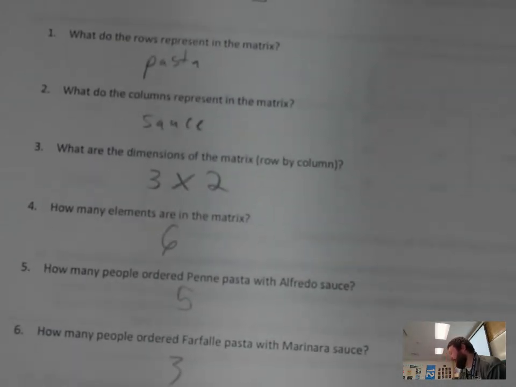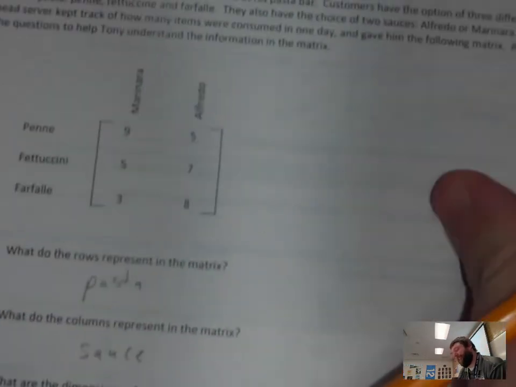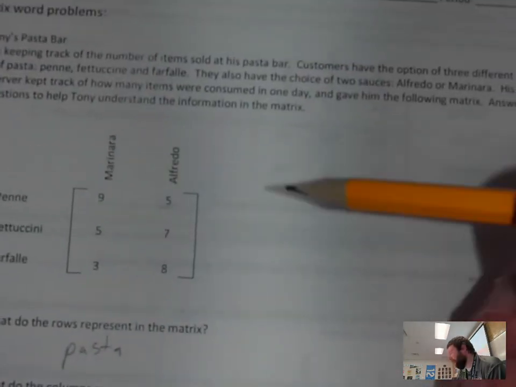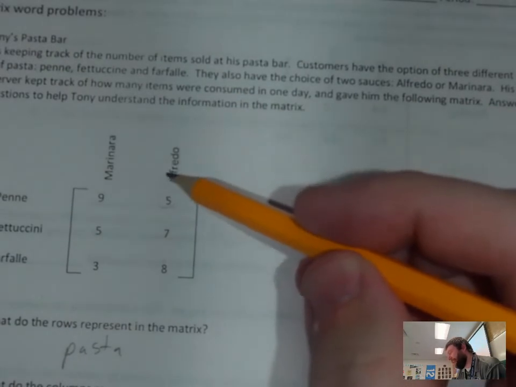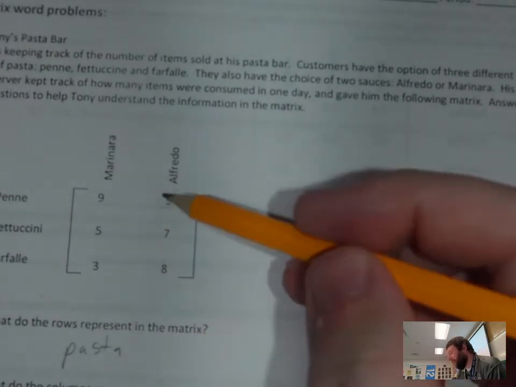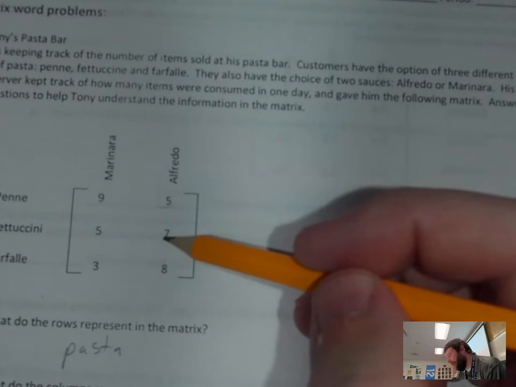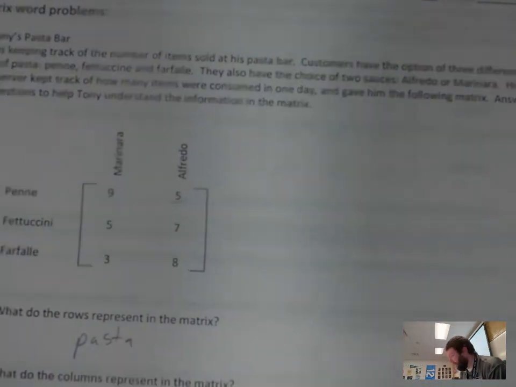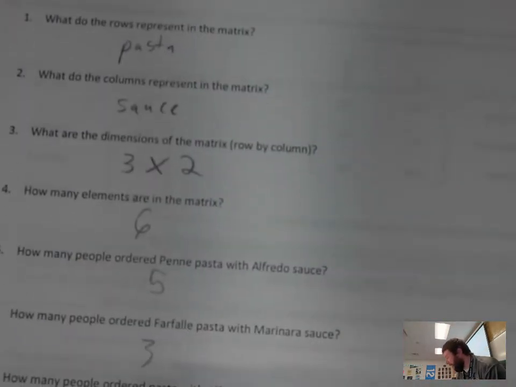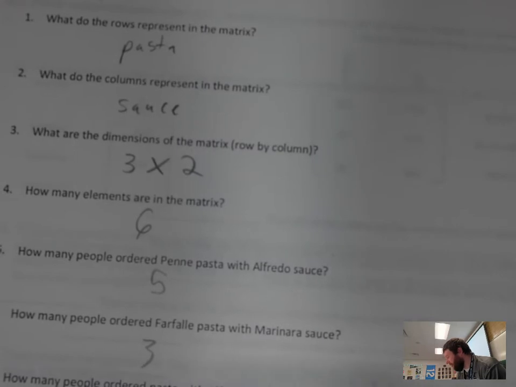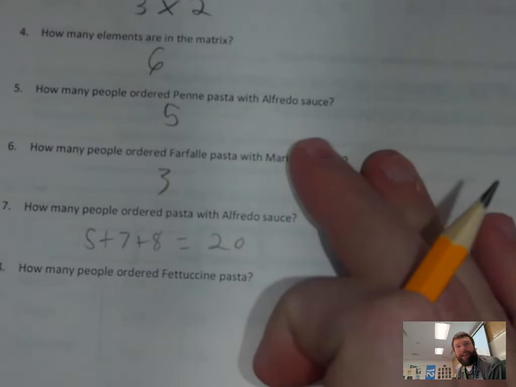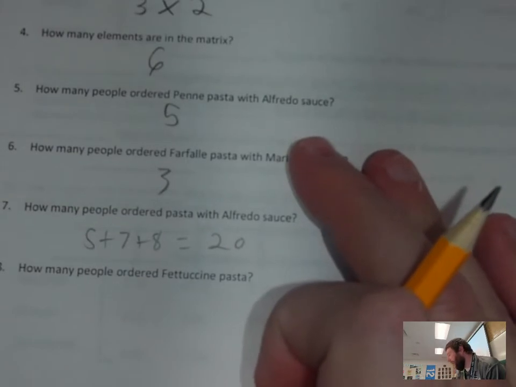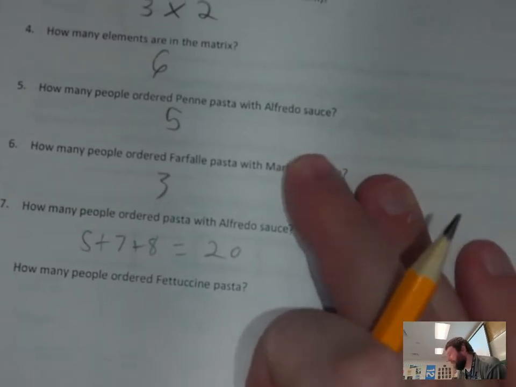How many people ordered pasta with Alfredo sauce? Now that's a tricky one. It wants how many people ordered pasta with Alfredo sauce, so it wants us to add up that entire column. So it'll be 5 plus 7, which is 12, plus 8 is 20. So that is 5 plus 7 plus 8, which is 20 people altogether, right? How many people ordered fettuccine pasta?